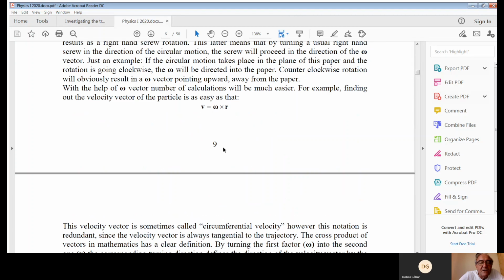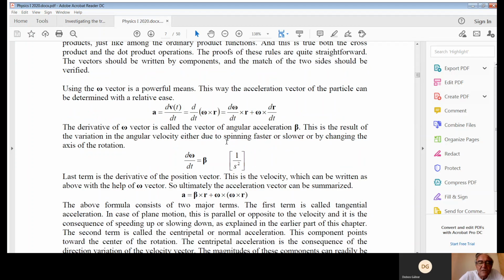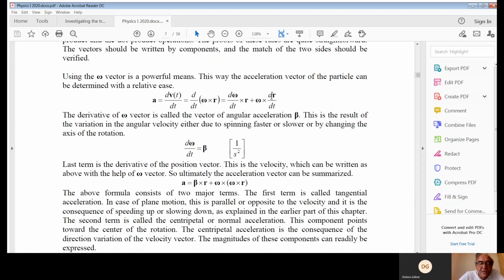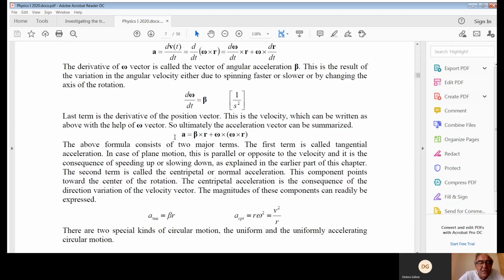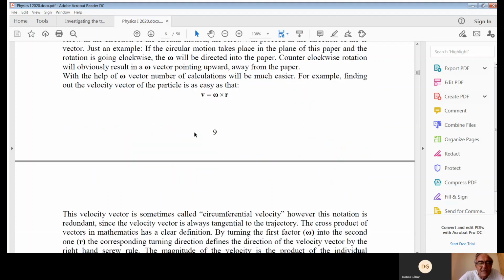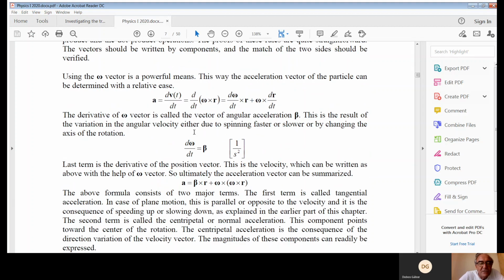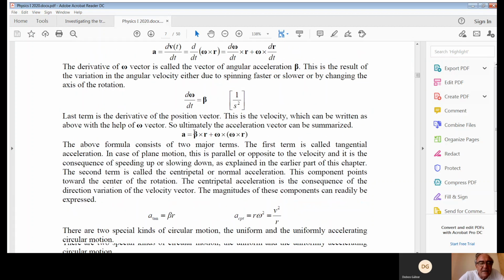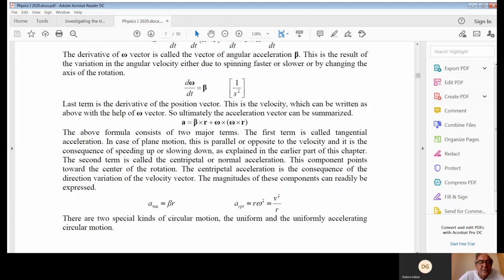So we just substitute it in here, and we recover that the acceleration of a particle in circular motion, but in fact it's a curvilinear motion, sorry, is the beta cross r plus omega cross omega cross r.